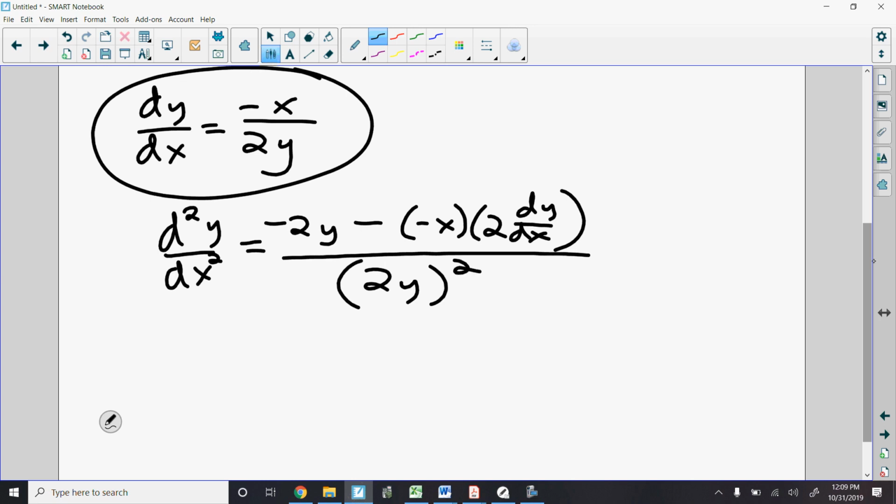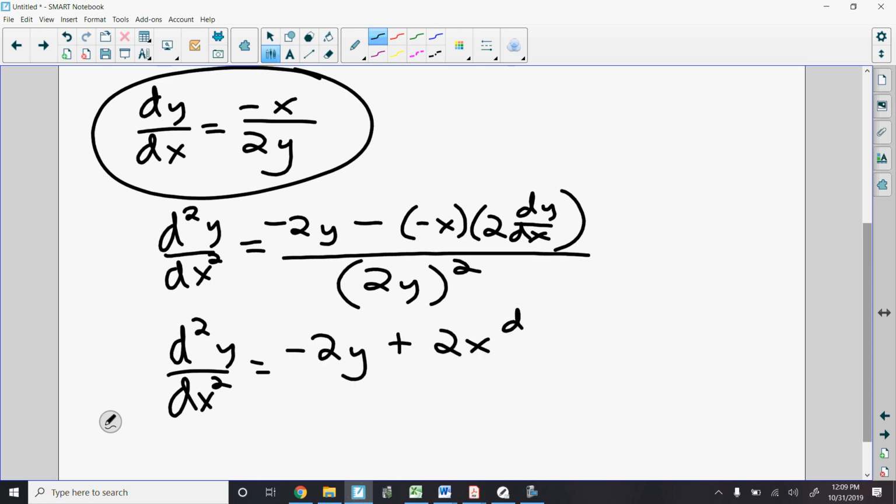Now I like to take a second to clean this up a little bit. I'm going to call this negative 2y plus 2x dy/dx. I like to write coefficients in the front. This minus is going to be plus. All divided by 2y times 2y, which is 4y squared.